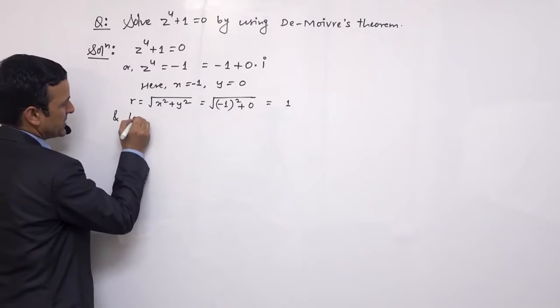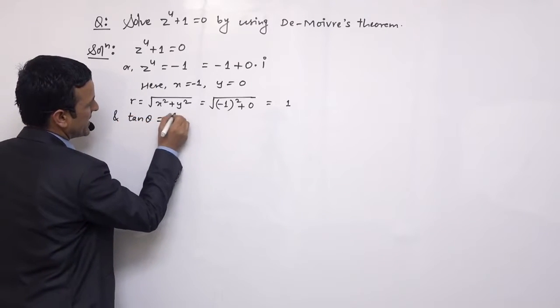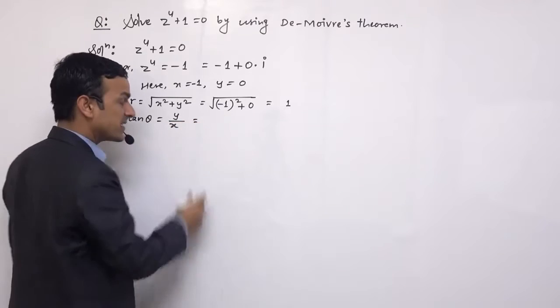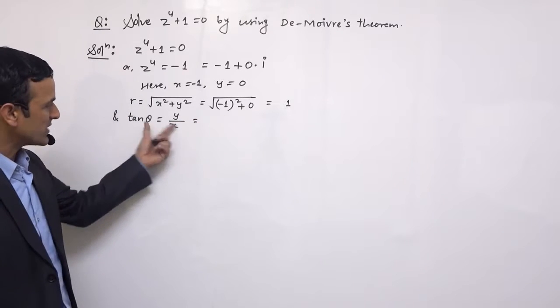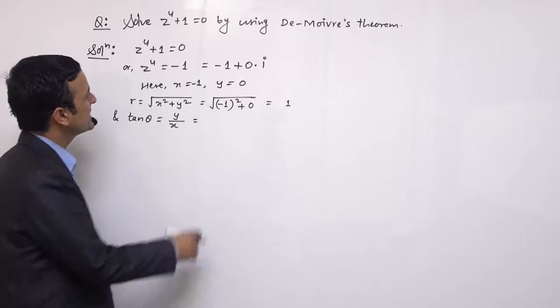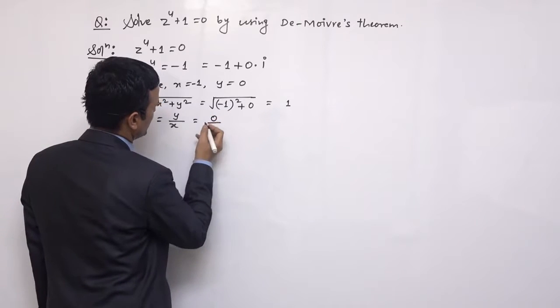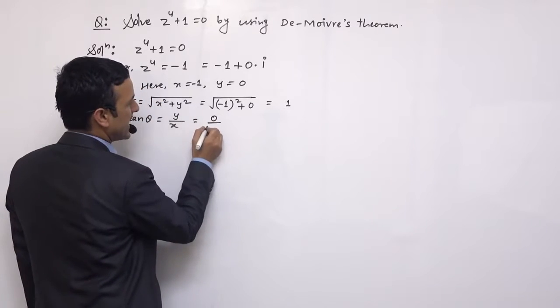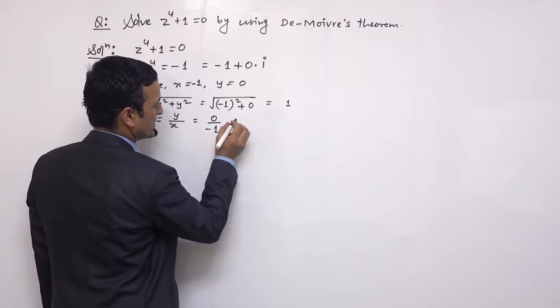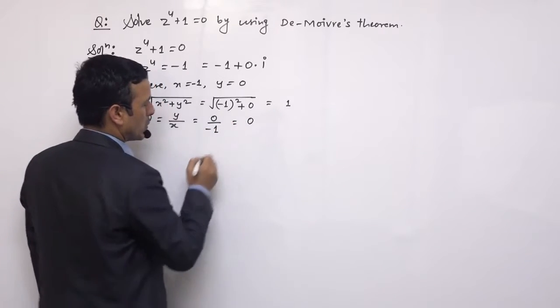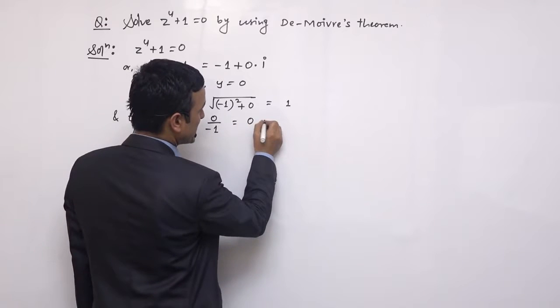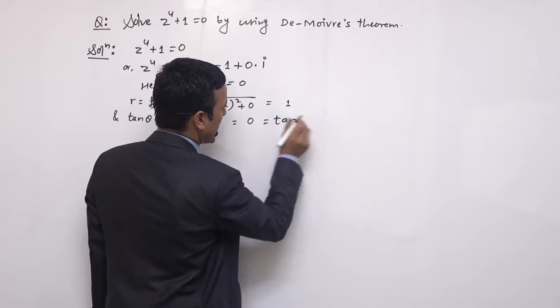And tan theta is equal to y upon x. It is the formula to find the value of theta. So we write the value of y as 0 and the value of x as minus 1, so it will be 0.